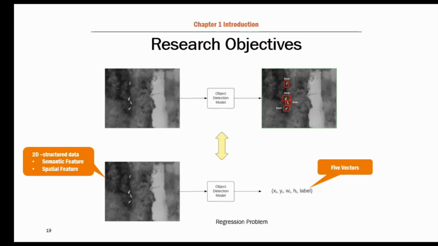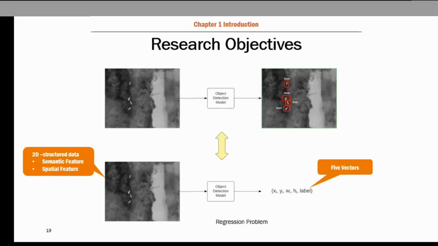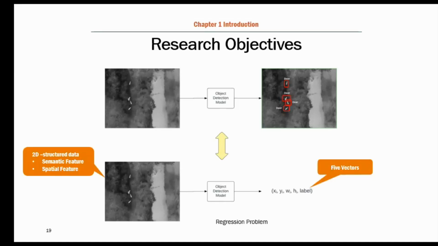As shown in this slide, the output includes 5 vectors. The first 4 vectors will be used to denote the coordinates of the red boxes, and the last node will be used to denote the animal species label.